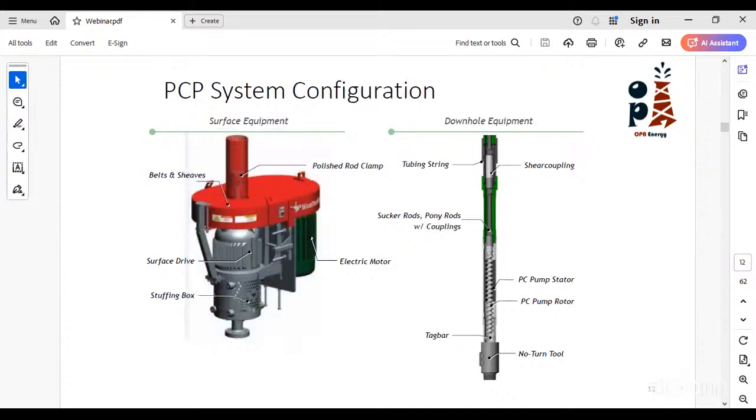In this red thing, inside it, there are the sheaves and the belts. So we are talking now about three components: the prime mover, the sheaves and the belts, and the drive head. The fourth thing is the polished rod itself, like the one we use in the sucker rod pump, and the rod clamp that keeps the polished rod in place.